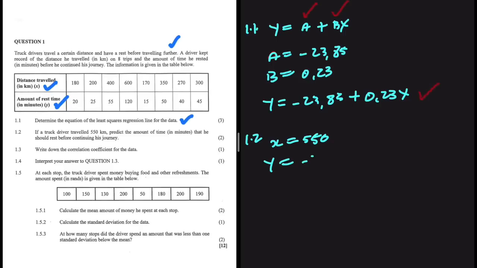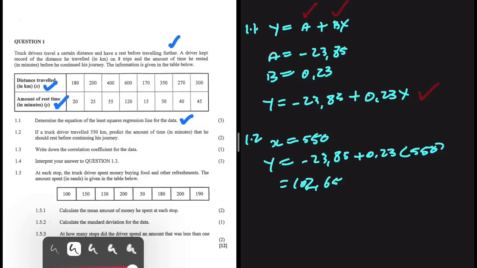If we do that, we're going to have minus 23.85 plus 0.23 multiplied by 550. I need to put that in my calculator. So minus 23.85 plus 0.23 multiplied by 550. I'm getting 102.65.